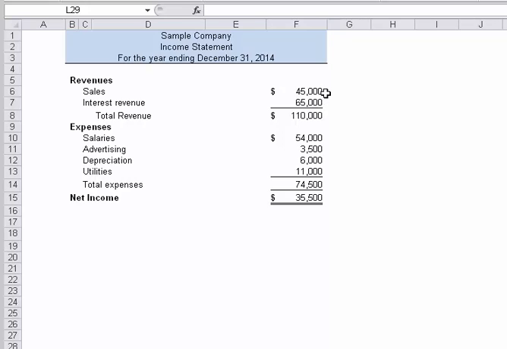So in order to generate sales and interest revenue, we had to incur salary expense, advertising expense, depreciation expense, and utility expenses. Okay? And that generates net income of $35.5. And we need that number to flow to the next statement, the statement of stockholders' equity. Keep in mind that $35.5 because we're going to see that number again.